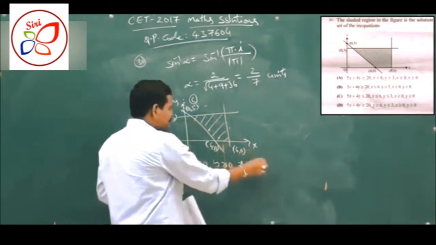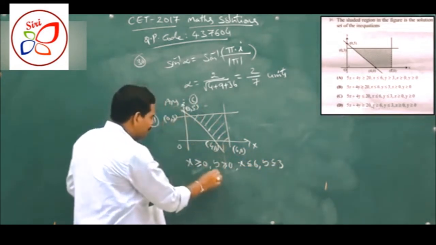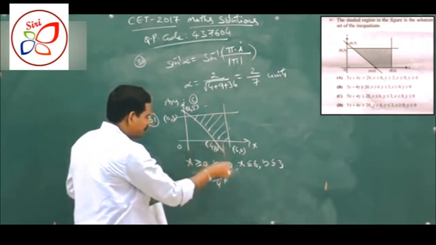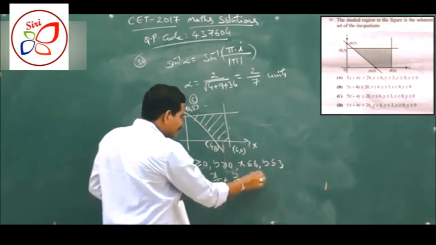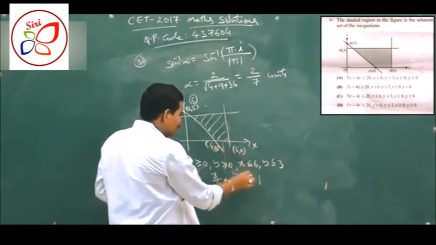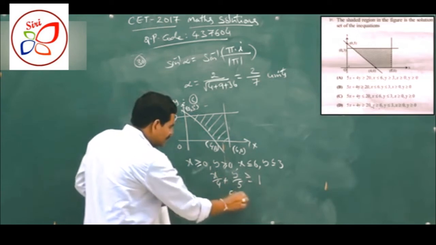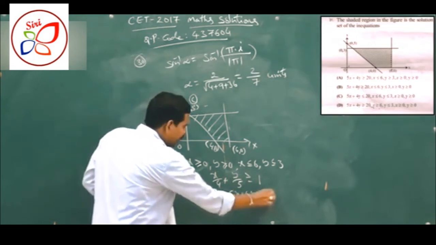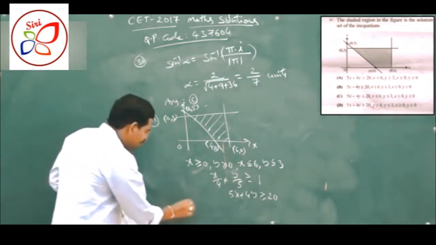Y value is 3, again less than or equal to 3. And this line, intercept form x by a, x intercept 4, y by b, y intercept 5 is equal to 1. This region is always more, so in place of equal to, greater than or equal to, so that 5x plus 4y is greater than or equal to 20. So the option is B.